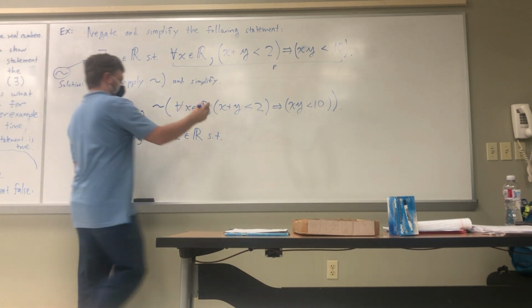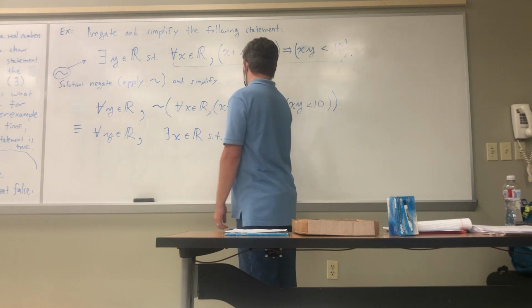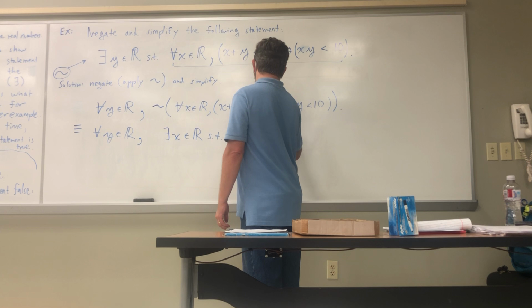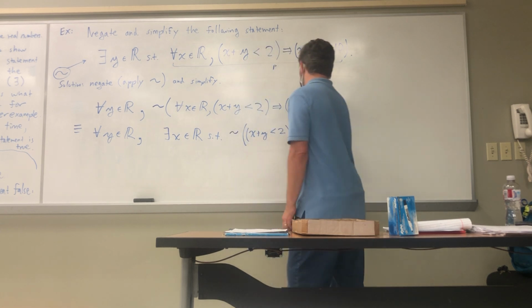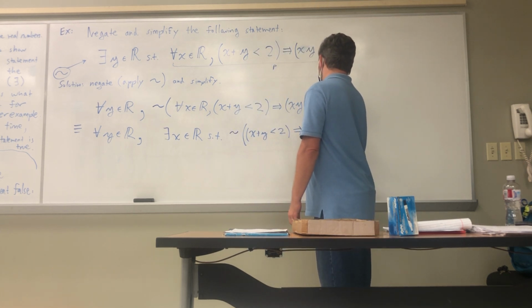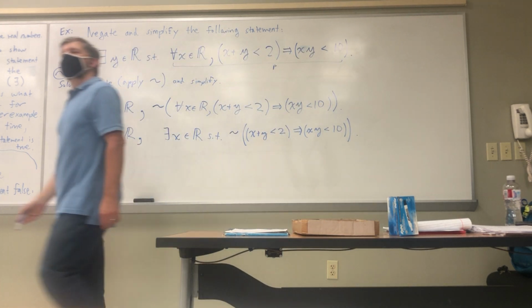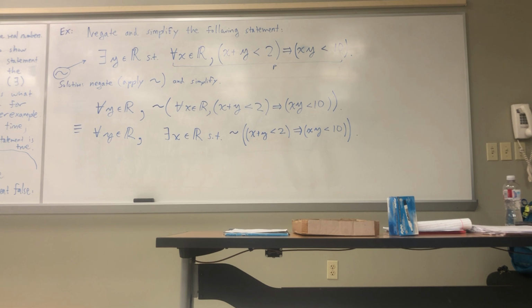And then the not on everything else: x plus y less than 2 implies xy less than 10. It'd be tempting to just go ahead and do it, but I'll show one more step because then you can see what I did each time. Now I'll apply the not to the rest of that, and it's a little bit more familiar. We've done the implications so many times.